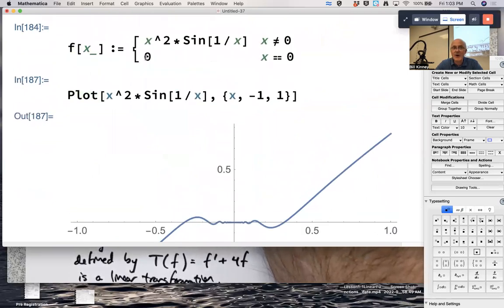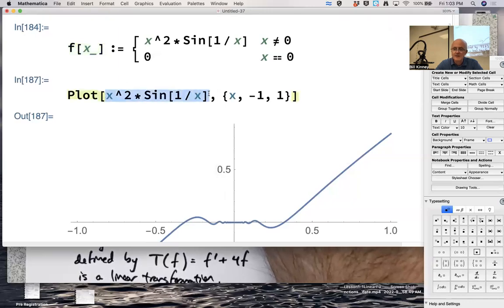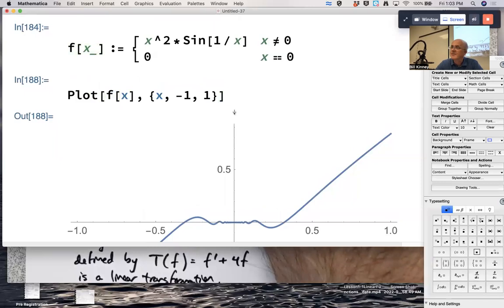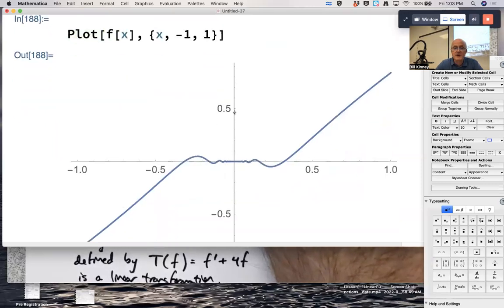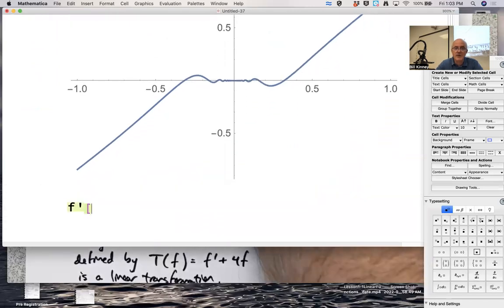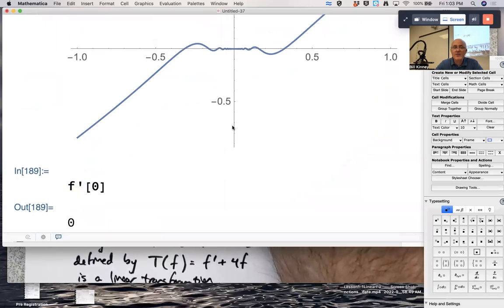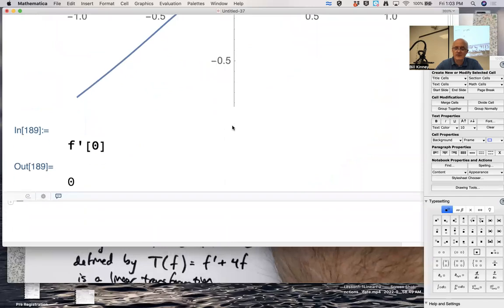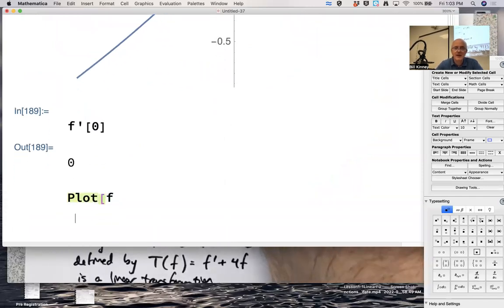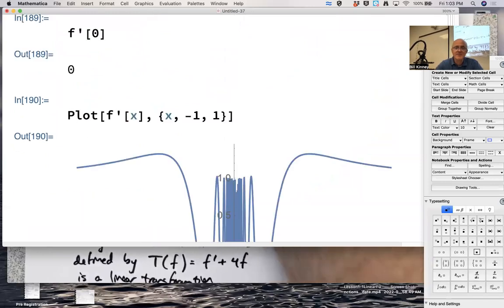And if you make it piecewise by defining it to be 0 when x is 0, the graph's not going to change here. You actually come up with a differentiable function. This function is differentiable. In fact, you can even say what f prime of 0 is. It turns out to be 0. However, and this is a big however, if you plot the derivative, you will see it's not a very nice function.